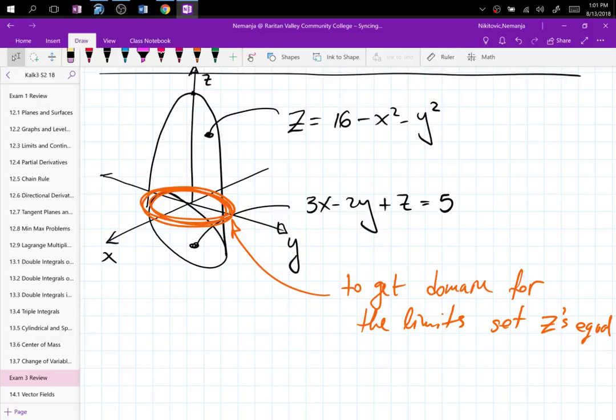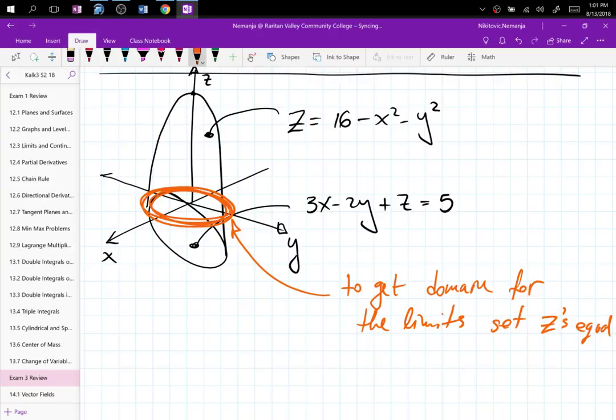You plug z from the upper equation and the bottom equation, and then you will see that you have some circle that is actually rotated in space, and then good luck with that. So you have this, and when you deal with all of that stuff, then you go.